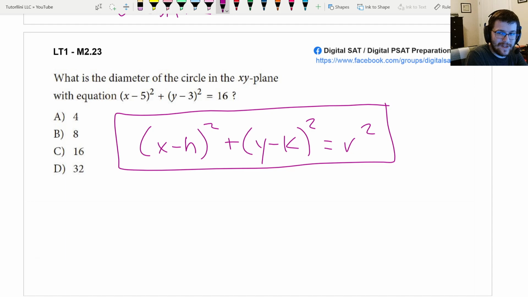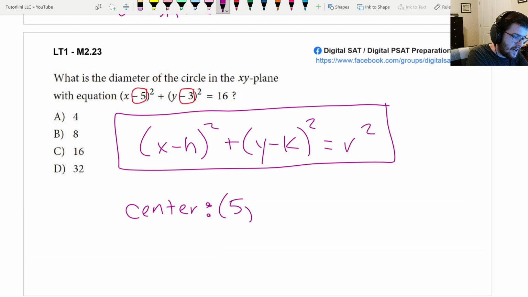You don't need it for this one, but just for the sake of practice. So we circle this one, and we circle this one, and we change the sign because there's minuses. So many people would say the center is -5, -3, but it's not. It's 5, 3. You got to remember to change that sign.